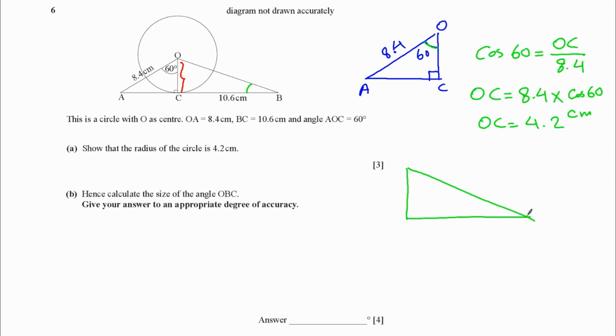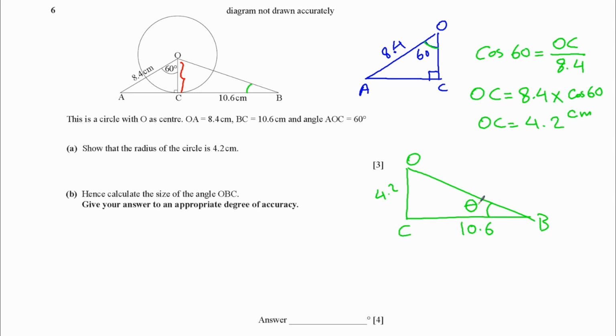So I have OCB. I already know that my OC equals 4.2, and also I know that BC equals 10.6. And this angle here, that is what we want to find out, and that is theta.